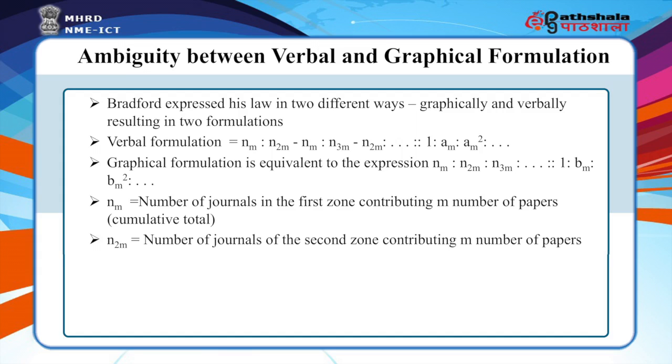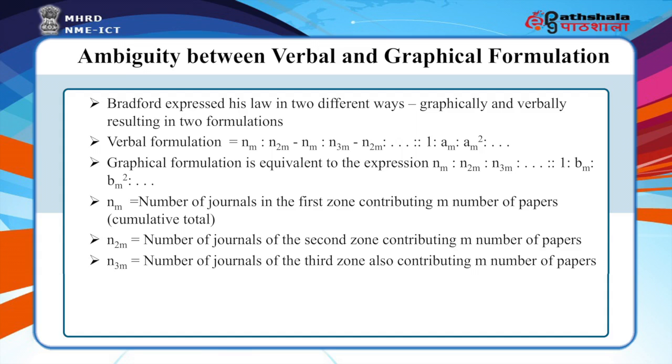N to the base 2m signifies the number of journals of the second zone contributing m number of papers. N to the base 3m signifies the number of journals of the third zone also contributing m number of papers. AM and BM signify Bradford multiplier.